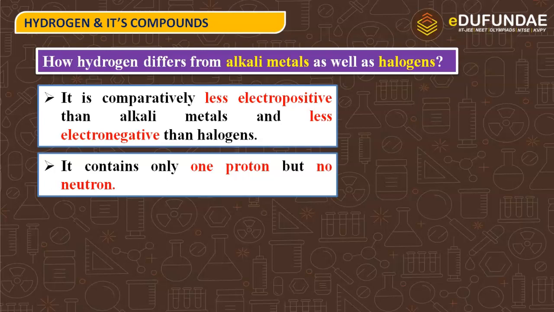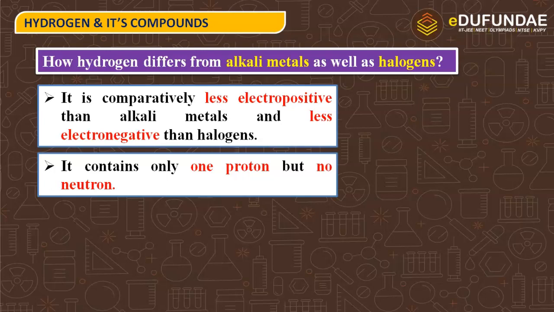So group 1 elements are the most electropositive elements in the whole periodic table. But hydrogen can show both the characters, but जितने extreme में alkali metals electropositive हैं और जितने extreme में electronegative halogens हैं उतना hydrogen नहीं show कर पाता है. That means it is comparatively less electropositive than alkali metals and less electronegative as compared to halogens.